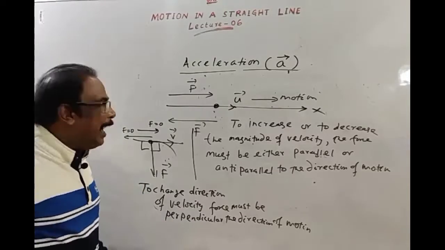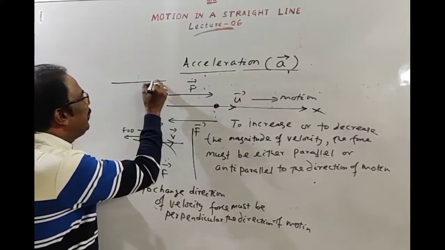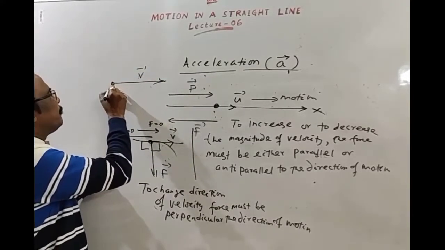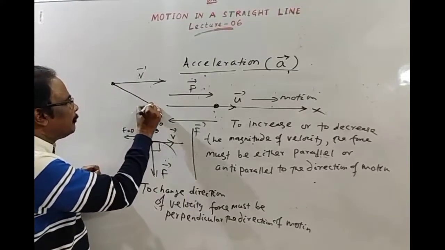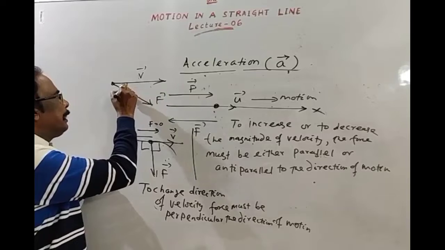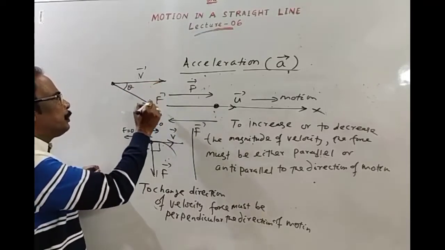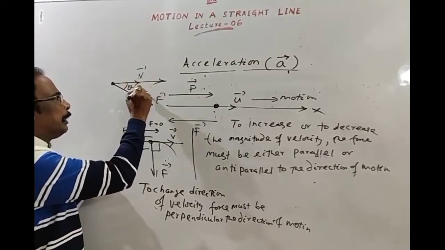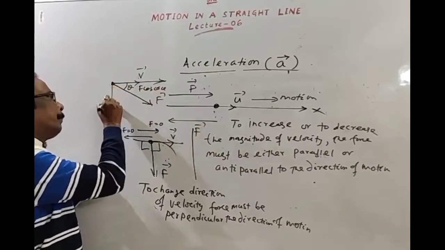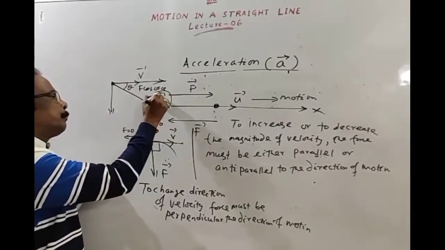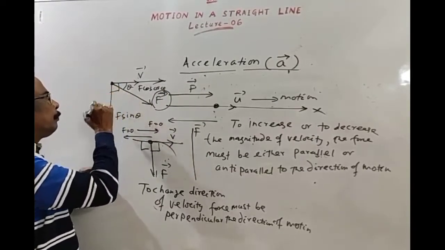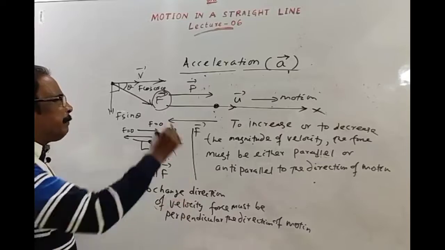It may not be. How? Suppose a body is moving along this direction; this is the direction of velocity. Suppose a force is applied along this direction, making an angle theta with the direction of velocity. This force has a component along the direction of velocity equal to F cos theta, and a component perpendicular to the direction of velocity equal to F sin theta.